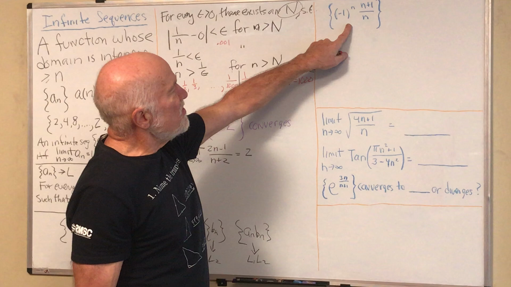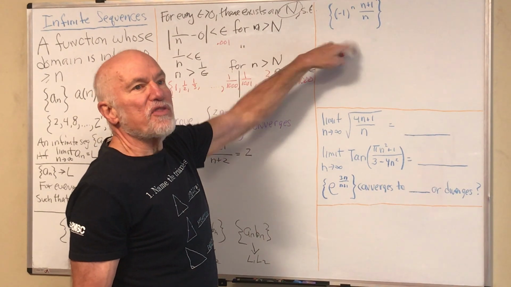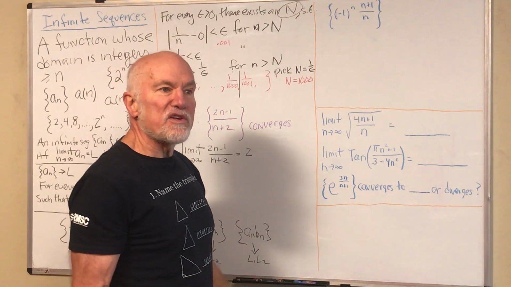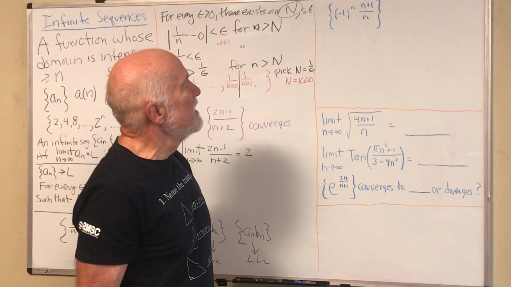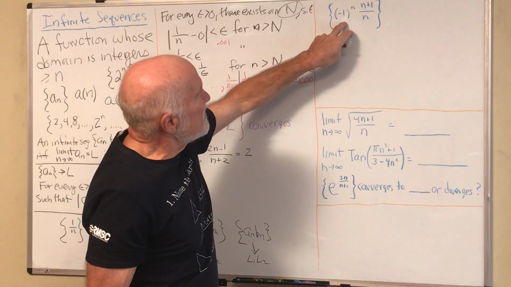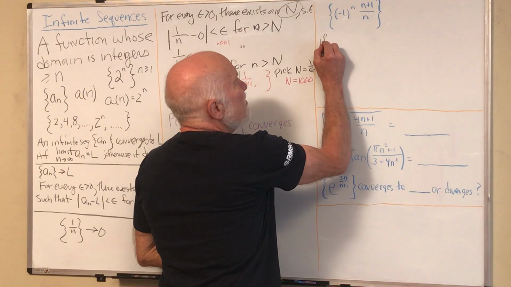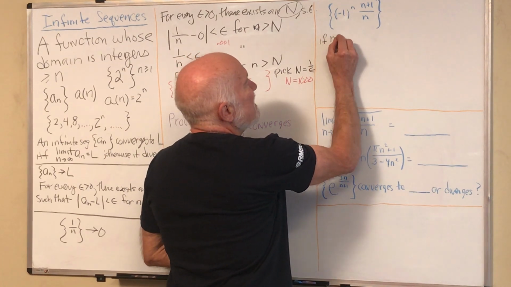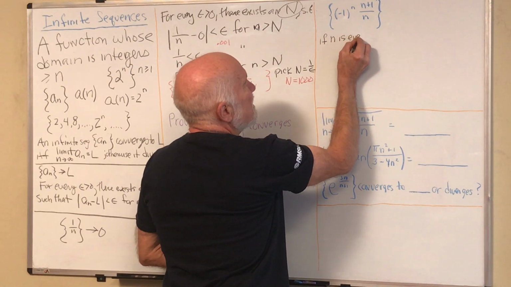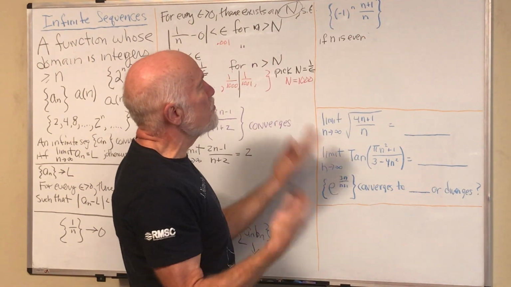Okay, so let's just take a look at this infinite sequence for a minute. Do you think that that converges? And if so, what does it converge to? Well, one thing, this minus 1 to the nth power. Let's look at this if n is even. If n is even, negative 1 to the nth power is just 1.